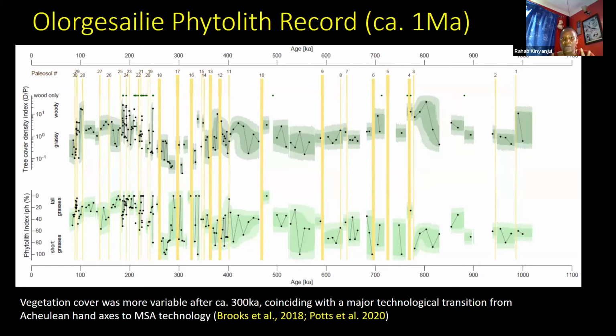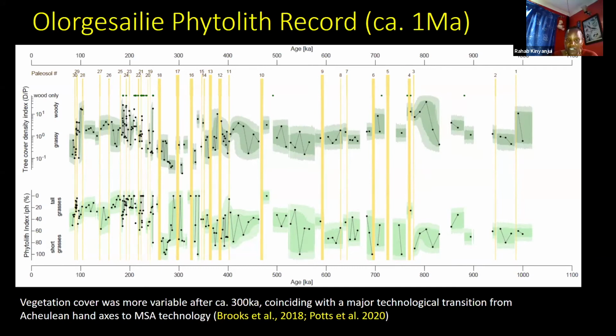Looking at the phytolith data alone, you can tell that in the very first period, between 900,000 or 1 million to 400,000, the variation is more gradual. It's not very rapid, as from 400 coming forward to around 200, and especially around 300 something.